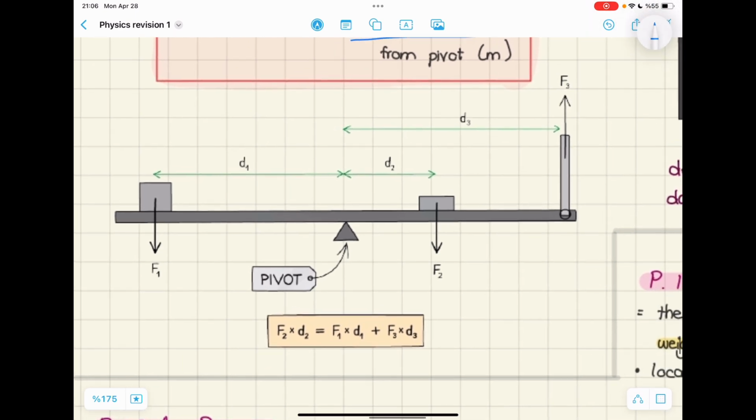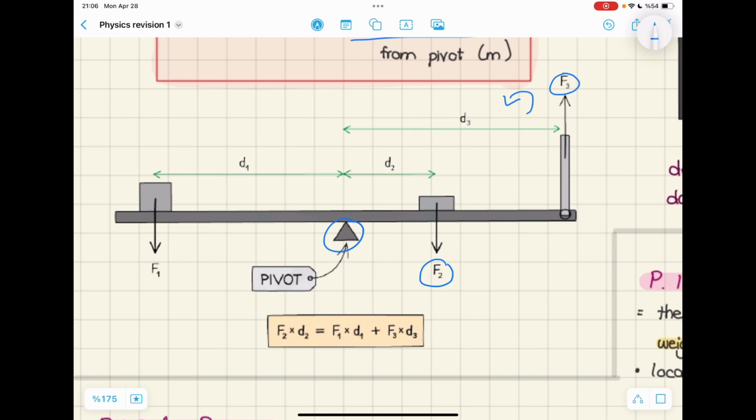What you need to look at here is, okay, you have a pivot, but you should not be confused. Sometimes, as here, you see you have force F2 and force F3, and they are all on the same side of the pivot, the right side, but they have a different effect. F3, let's begin with it, will try to push up, and it will have a counterclockwise effect.